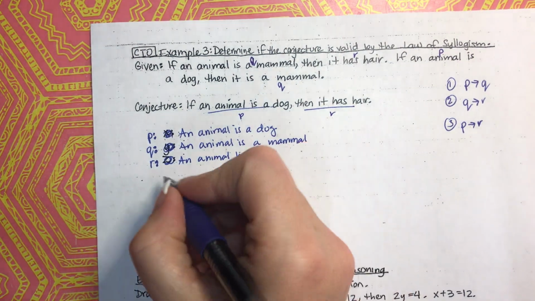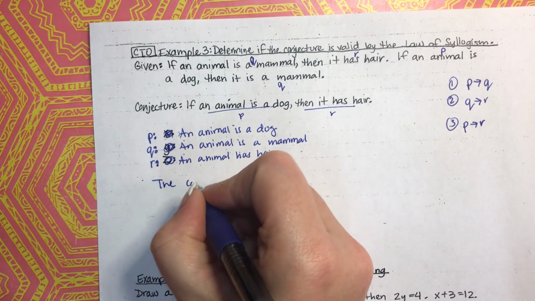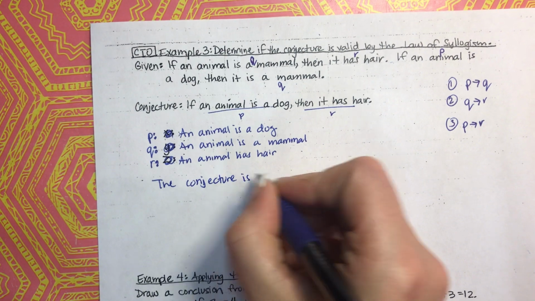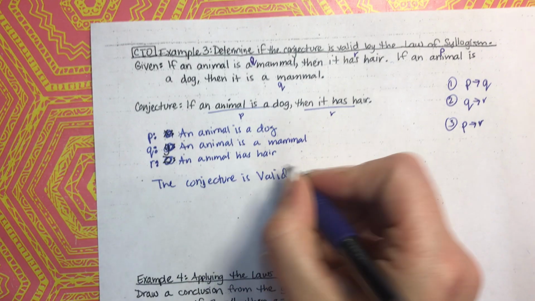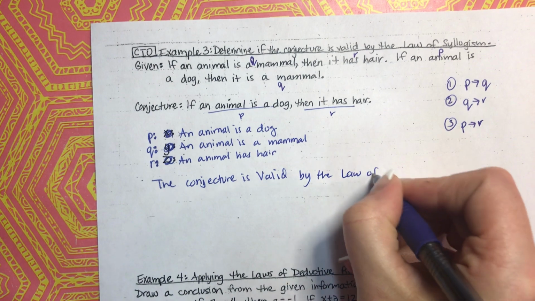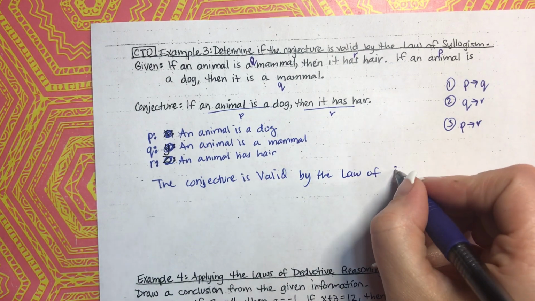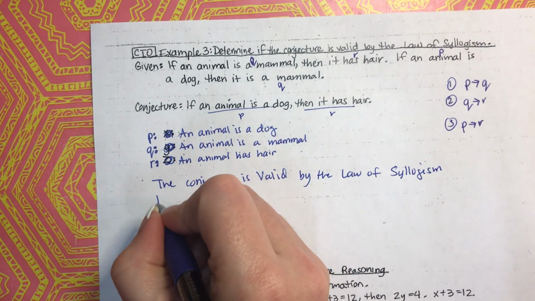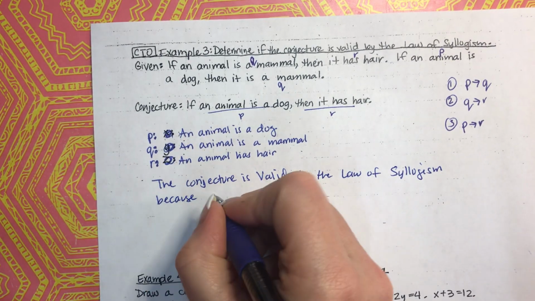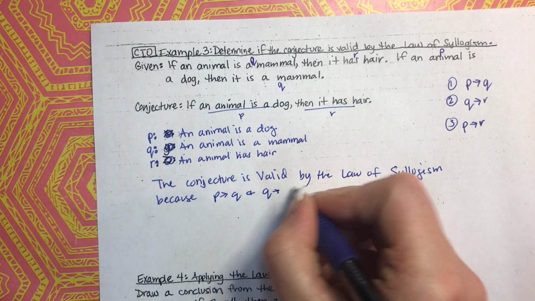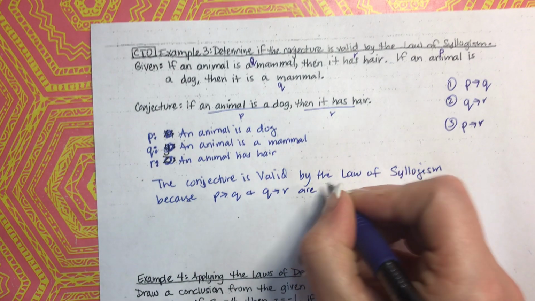So we can say the conjecture is valid by the law of syllogism because P to Q and Q to R are true.